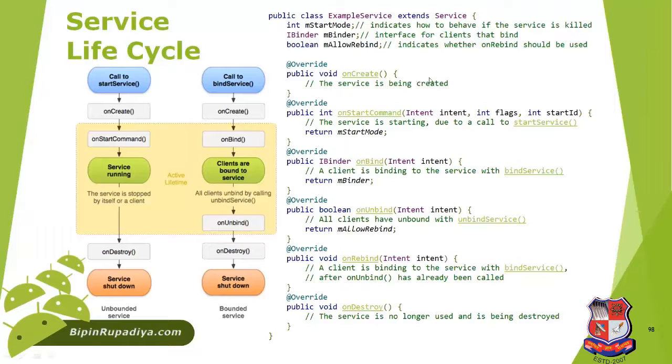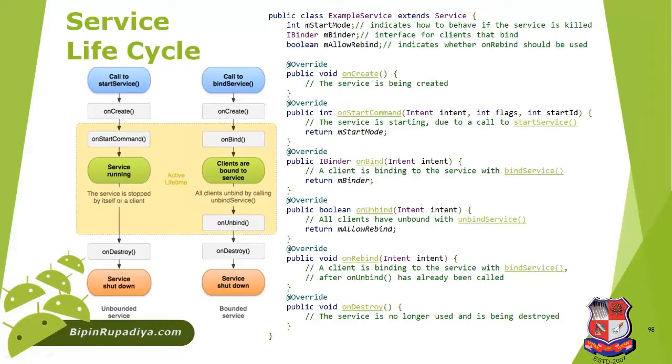Okay, now let's see the methods of it. If you see the diagram, the life cycle contains some common methods, like startService to start the unbound service. In the case of bound service, the bindService method is there. Then onCreate will always be called, either for unbound or bound service.